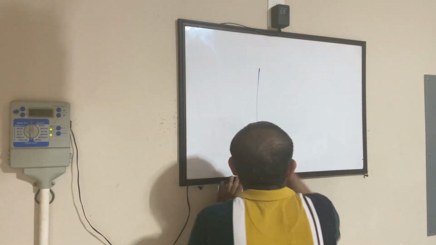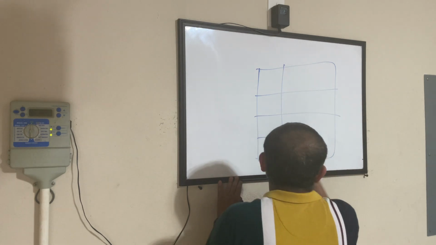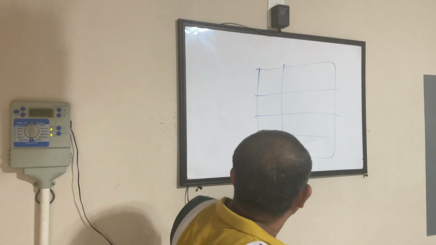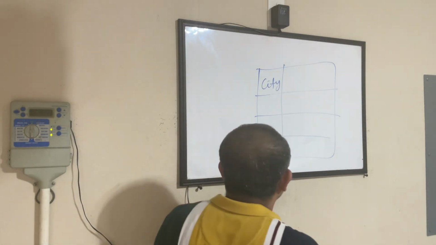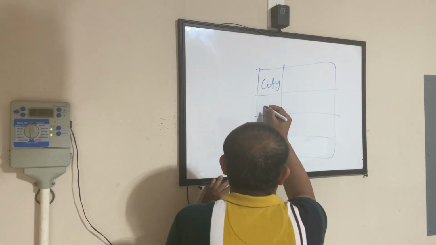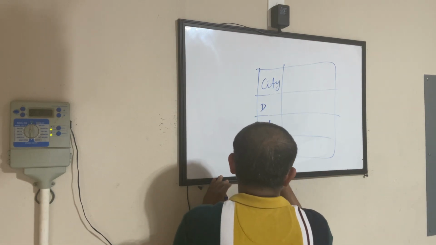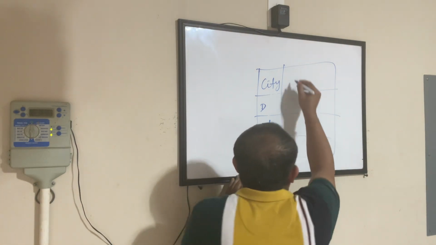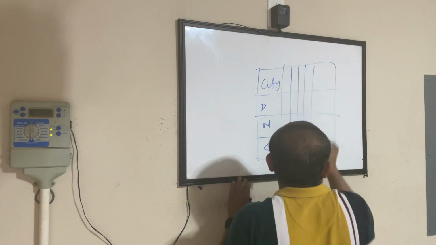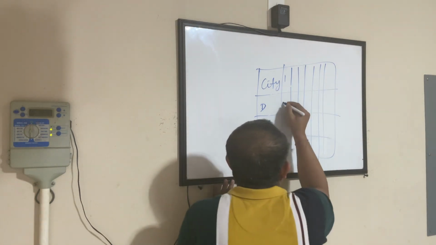Every day somebody is feeding in the raw data. Let's say I have 5 people or 3 people capturing temperature data for 1 month for different cities. Let's say city 1 is Dallas, next one is New York, next is Chicago. And day 1, day 2, day 3, day 4, day 5, day 6, and so on and so forth. Okay, day 1, 45 degrees.